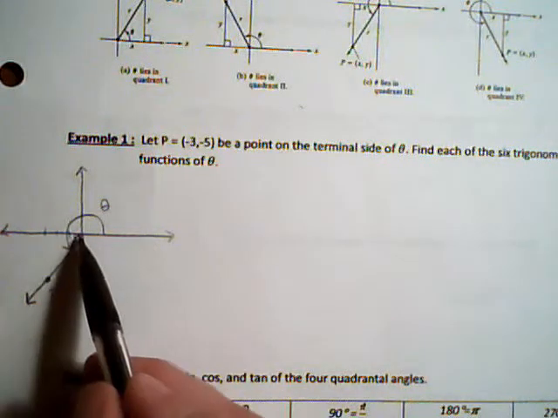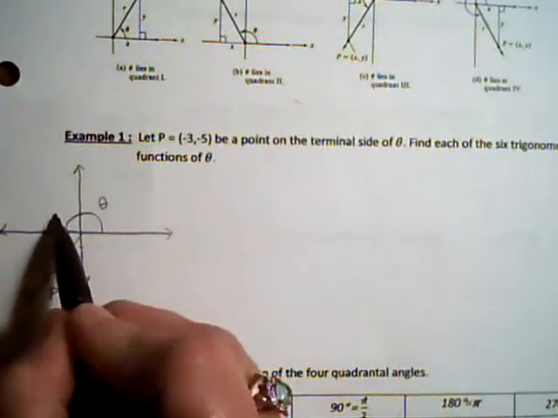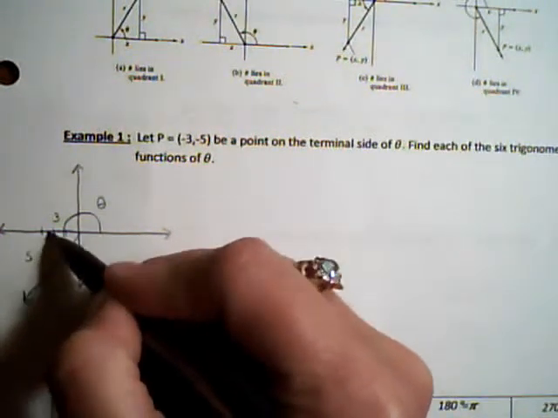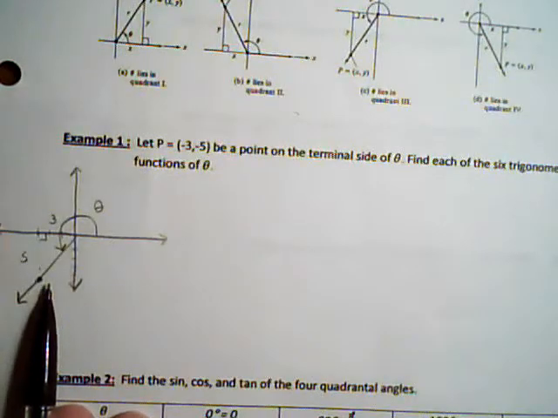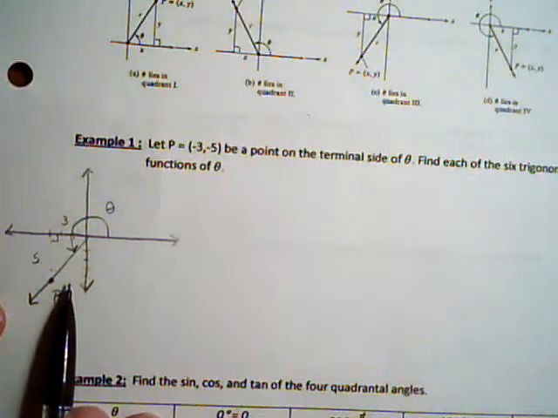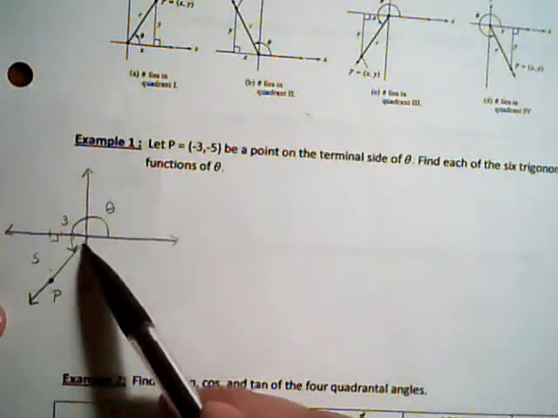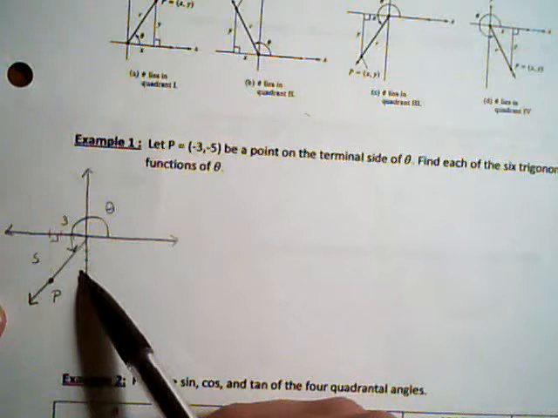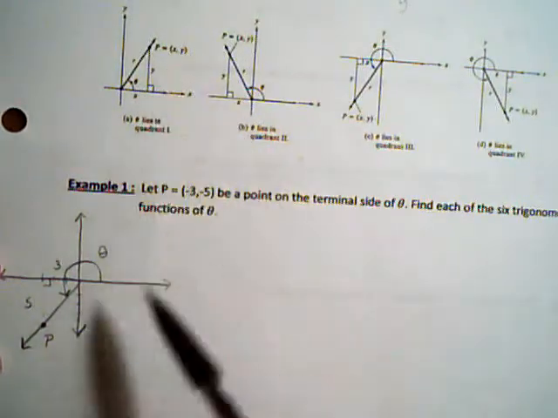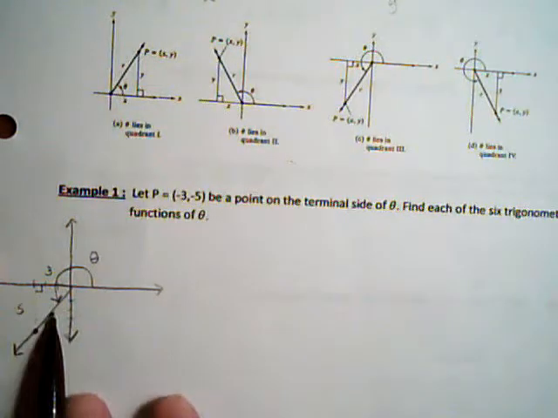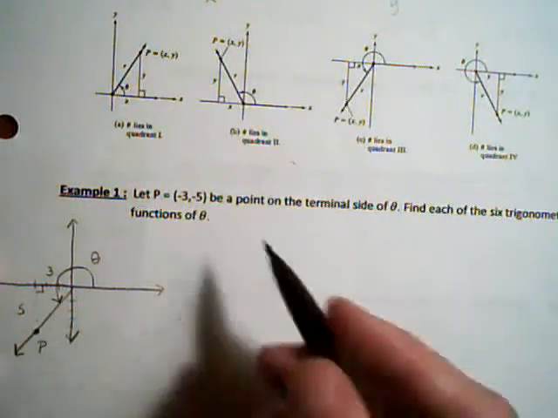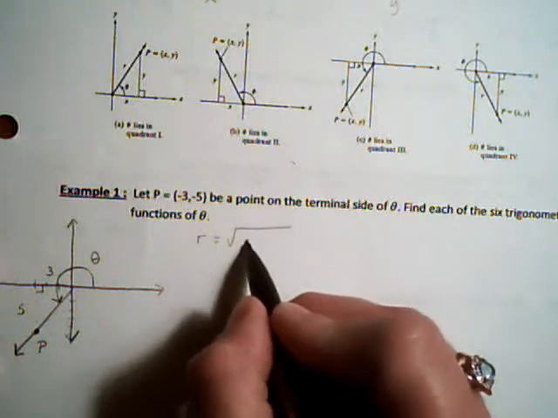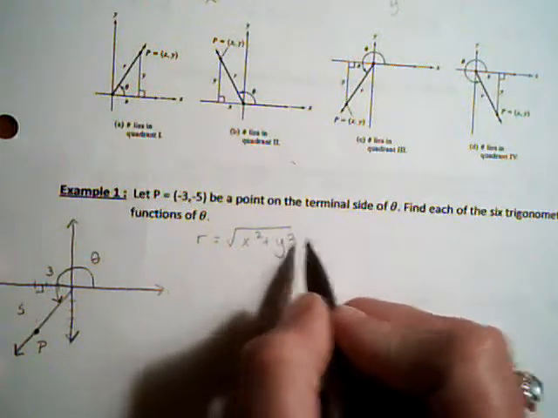I know that the distance here is 3, and here, if I had a right triangle, would be 5. All I would need in order to find my 6 trig functions would be the length of this hypotenuse for this right triangle, which would be my value for r that we referred to earlier. To find the value of r, I could use the Pythagorean theorem, which says r equals the square root of x squared plus y squared.